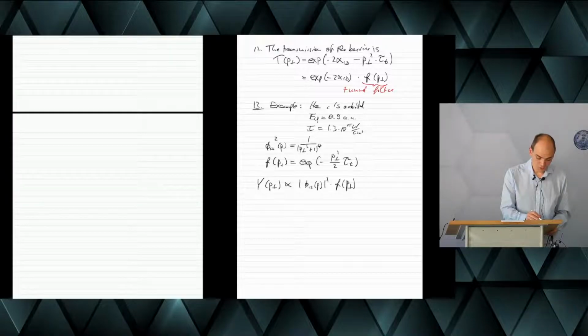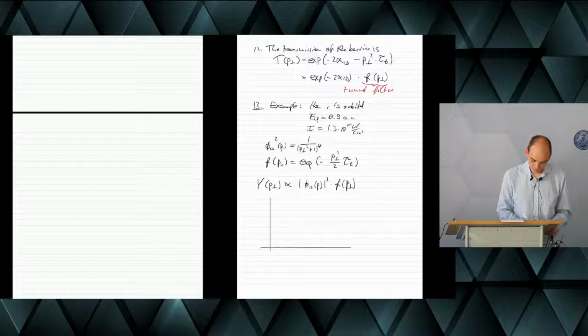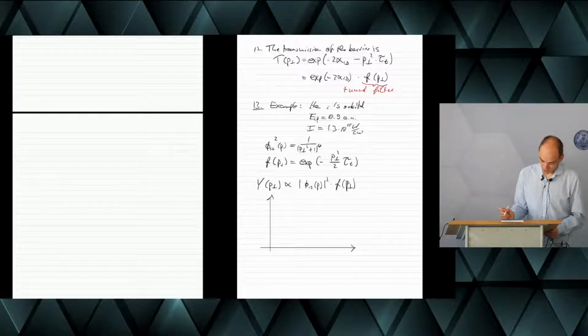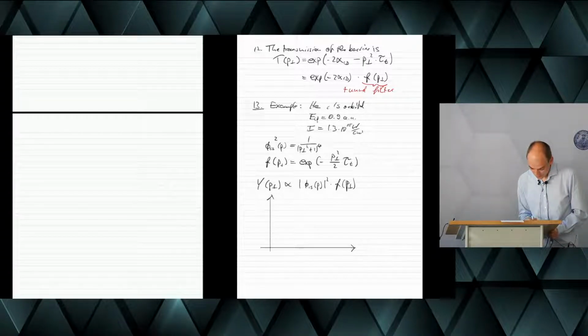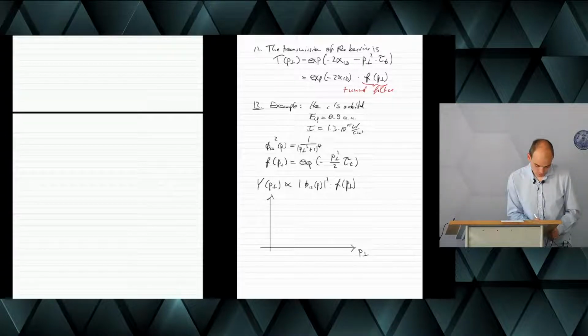And when you plot this, you actually get two decreasing functions. And so which one is which? So this is actually a logarithmic plot. We have here the momentum, and here we have the logarithm of the electron yield.